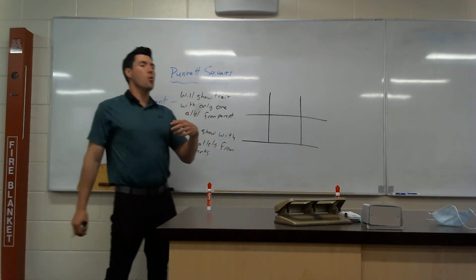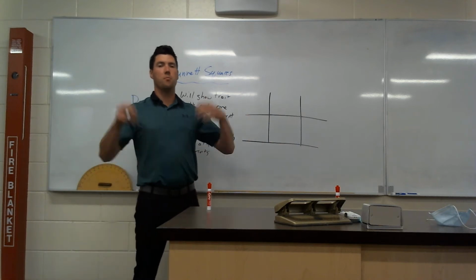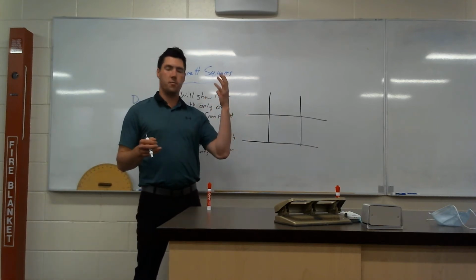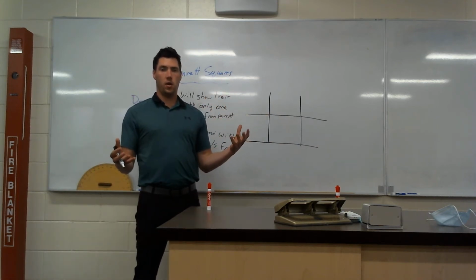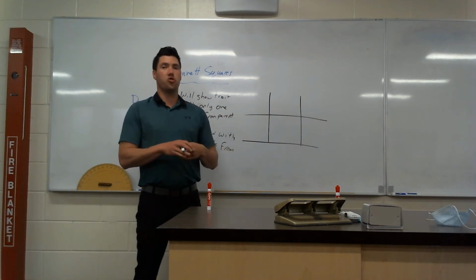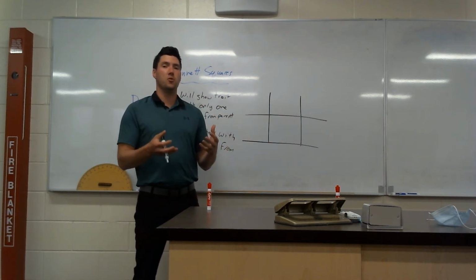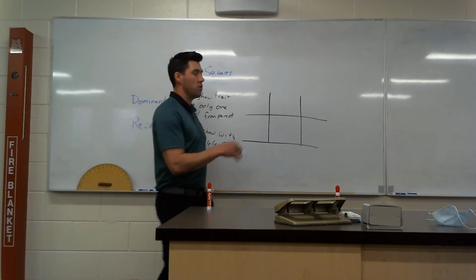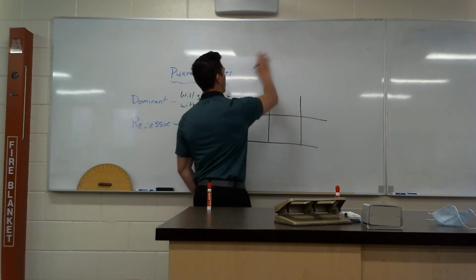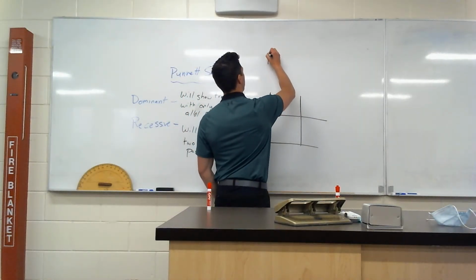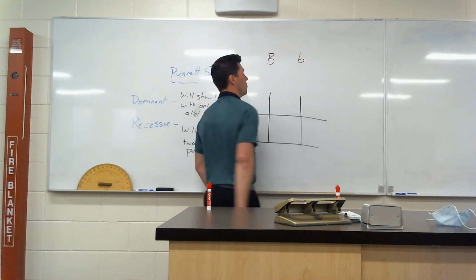For any trait in your body, you get 1 code from your mom and 1 from your dad. You get both those codes. Your body doesn't show all of them, but you at least get 1 code. I'm going to use a big B and little b to show some codes, using hair color.